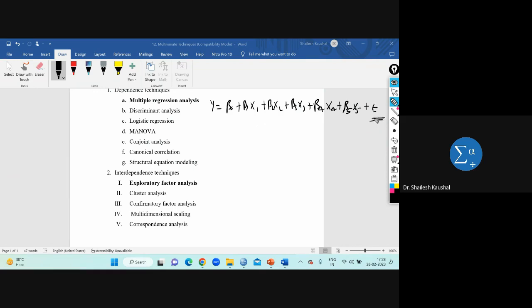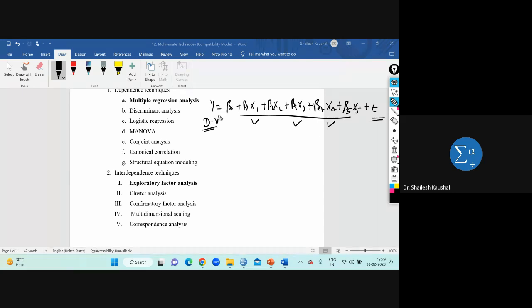Epsilon means unexplained term, and all are explained term. So I'm taking 5 independent variables. In a multiple regression analysis, we can check how many independent variables are significantly influencing the dependent variable y. Okay, so y is the dependent variable.